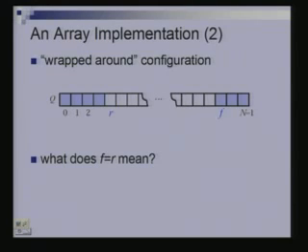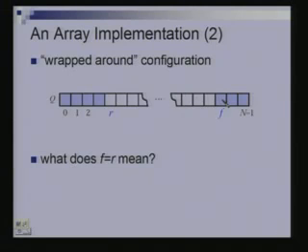So, if at some point I reach a situation where F equals R, what does this mean? Empty or full? Suppose now, starting from this point, I kept removing the elements.